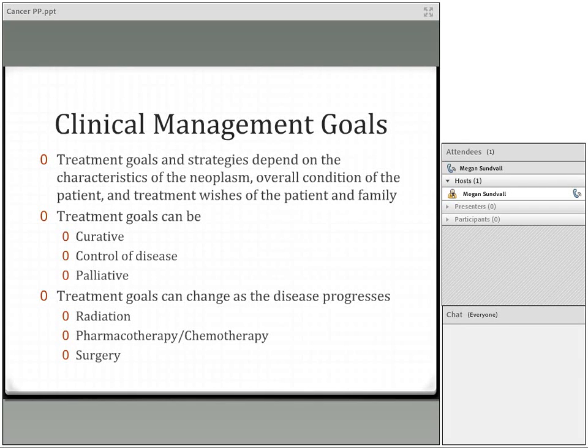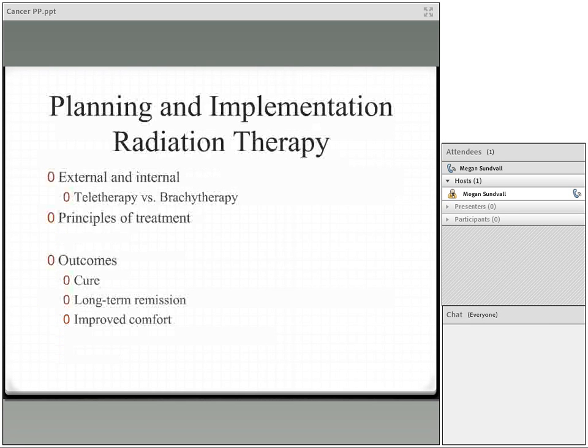And then surgery, again, also really focusing on a specific point there. So they choose different types of treatments based on what the goals are and basically what type of cancer it is, where it is located, what the prognosis is for it. So between the physician and patient, they can determine what would be the best plan for that patient's goal.